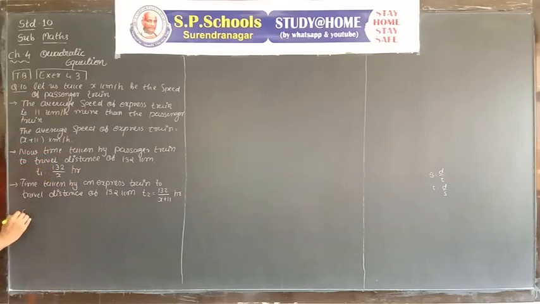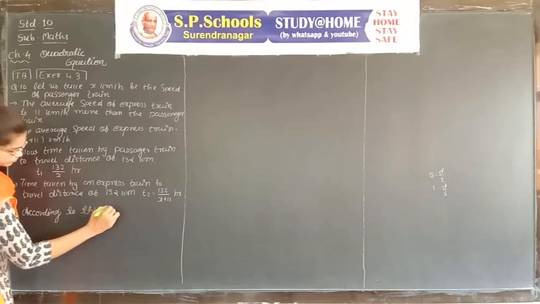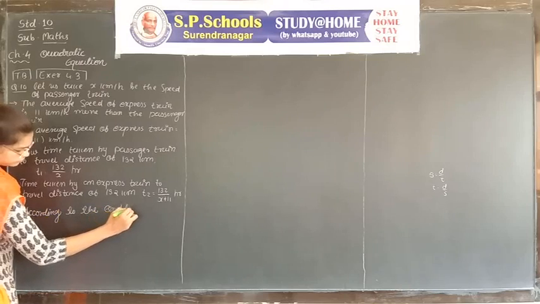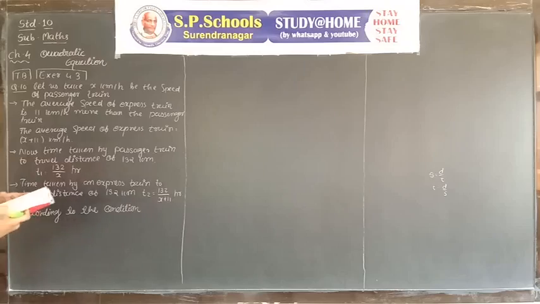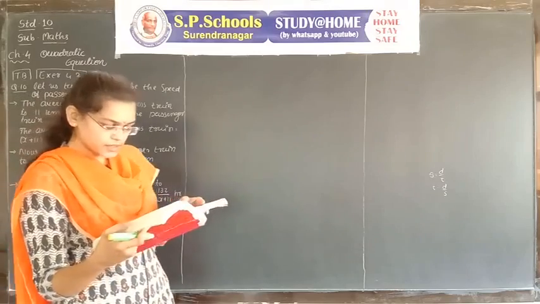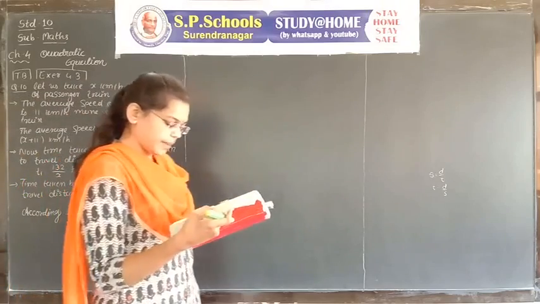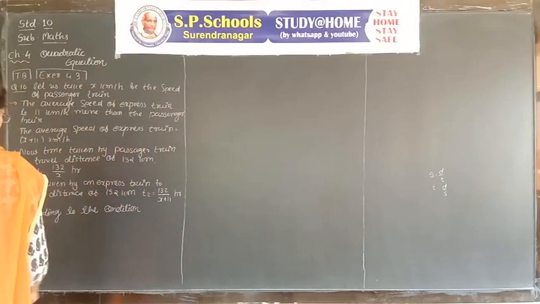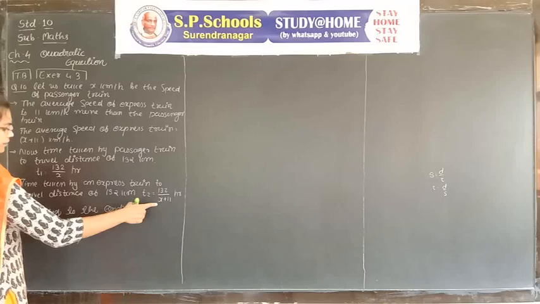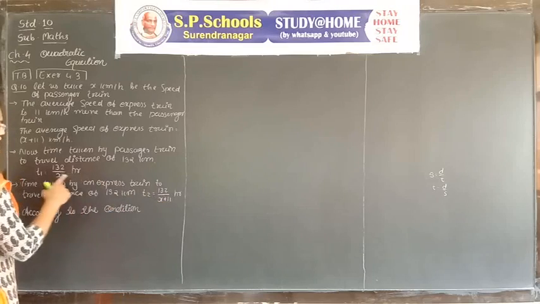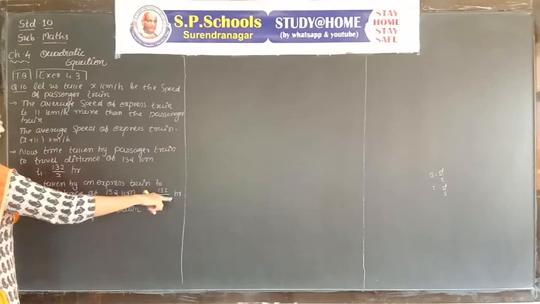Now according to the condition, the condition says that the express train takes 1 hour less than the passenger train to travel a distance of 132 km. Between x and x plus 11, x plus 11 is greater than x, then the answer is smaller.